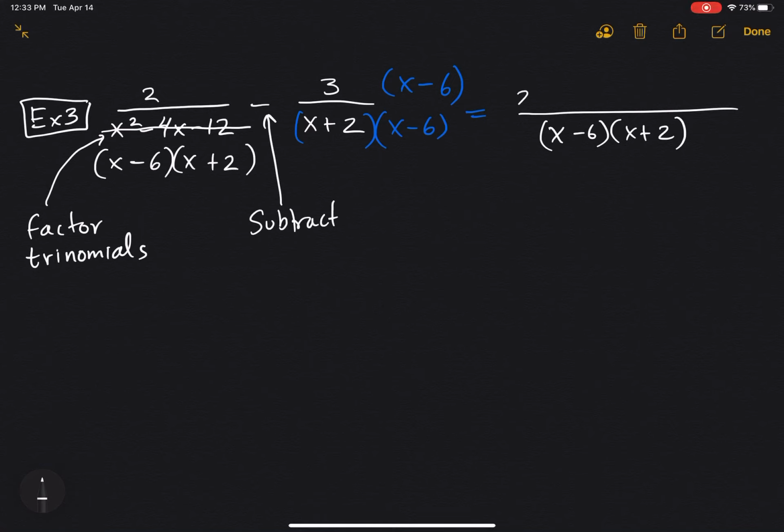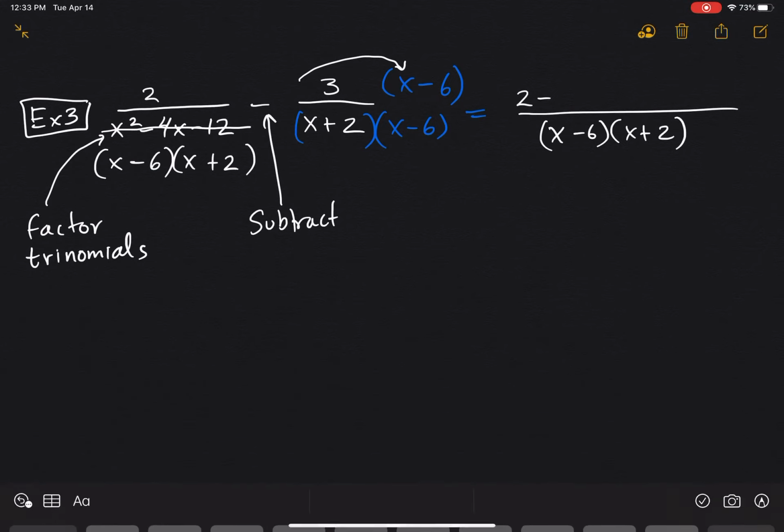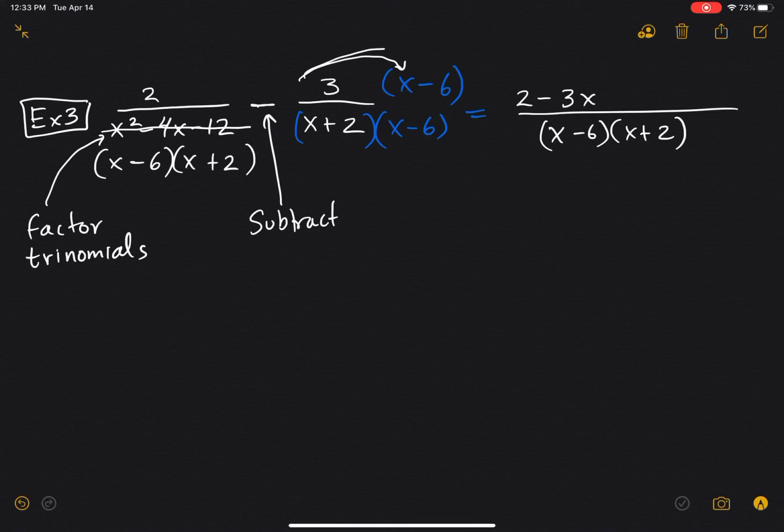So it will be 2 minus, and at this point, actually, I'm going to go ahead and distribute that -3 to the x, -3 to the 6. There's a negative 3, and we're going to multiply that to the x. So that'll be -3x, and -3 times -6, that's a +18.